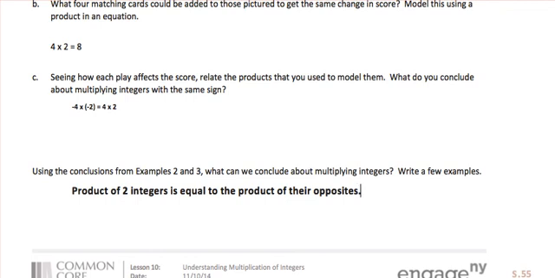In other words, removing 2 -4s is the same as adding 2 4s, and adding 3 -5s is the same as removing 3 5s. We'll explore it further in our next lesson as well.